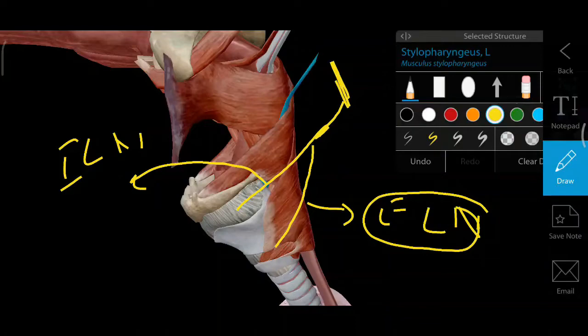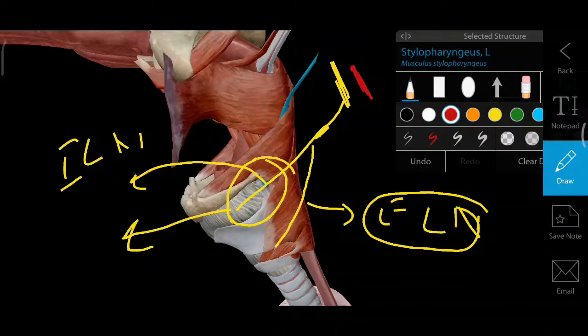So between the middle constrictor and the inferior constrictor we have the internal laryngeal nerve. And we have an artery that is called the superior laryngeal artery. It is a branch from the superior thyroid artery. It has the same course.